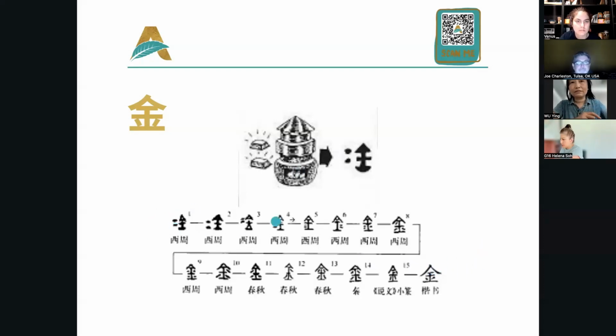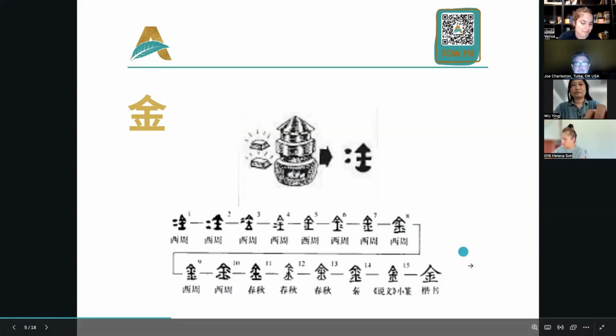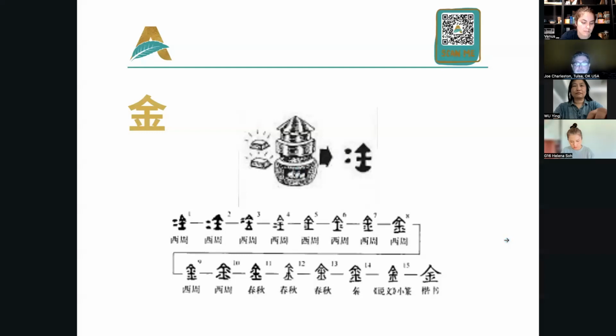And this is the transition through all the different periods, roughly a few thousand years, to become the modernized writing here. We're not going to talk about the original meaning, but this used to be the stove where you would melt the gold into bars. That's why there are 2 bars next to the stove. But in today's context, it's better to imagine that you're pocketing your gold into your little drawer.